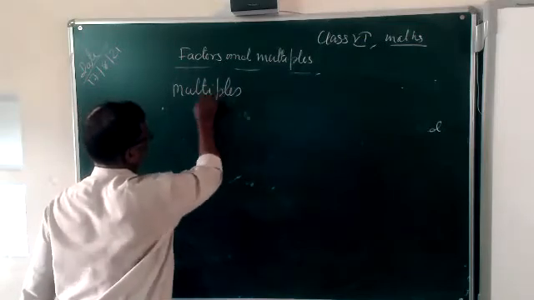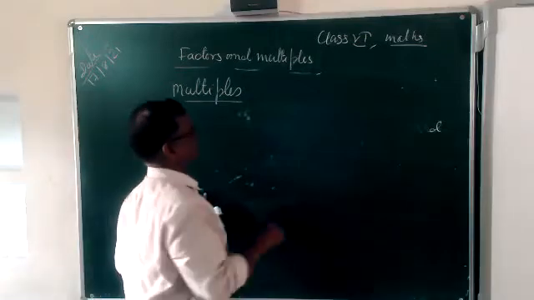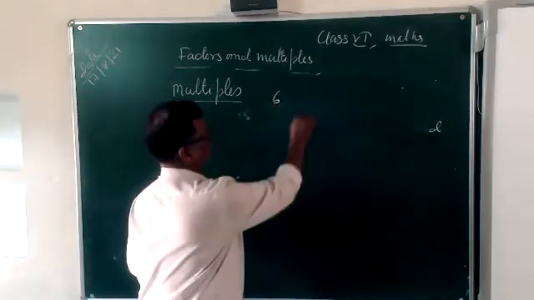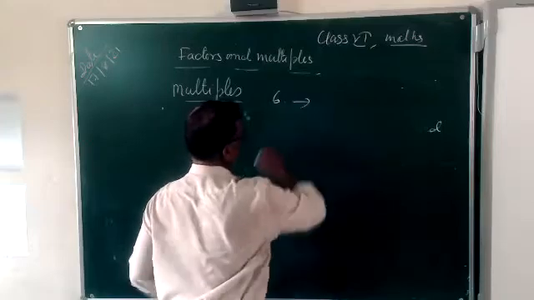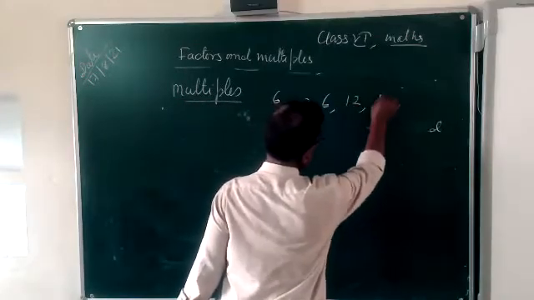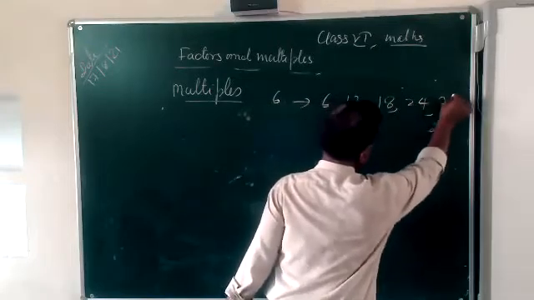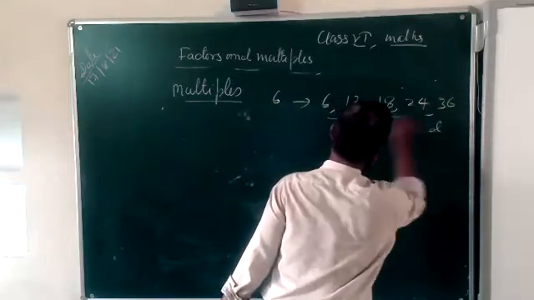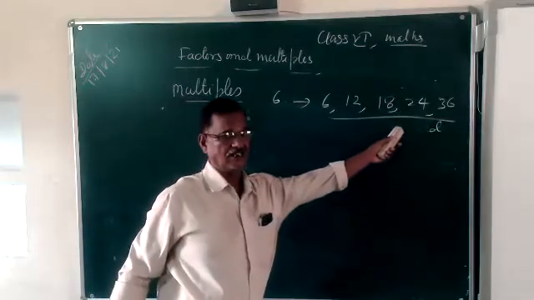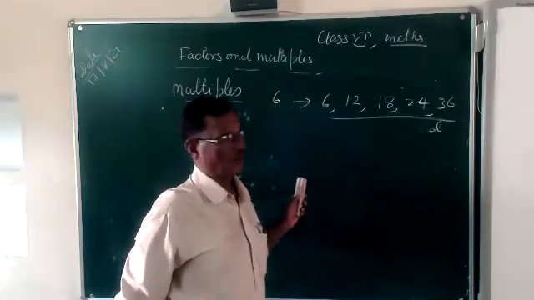If there is 6 given, its multiples are found by reading the table of 6: 6, 12, 18, 24, 36. These are the numbers which are divisible by 6. So these numbers are called multiples.